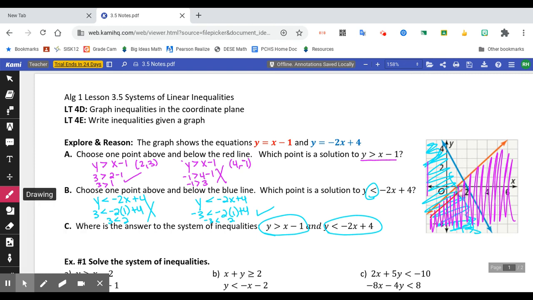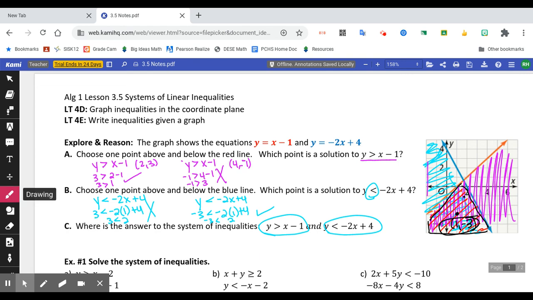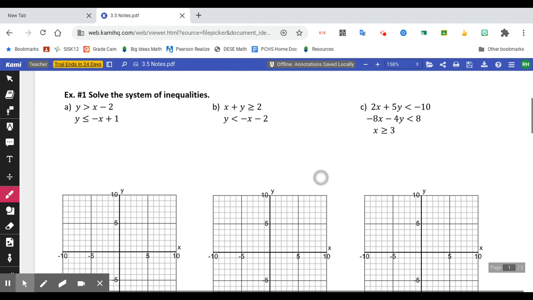So where they both overlap is right here, right? So if that's where they overlap, then any point in that section would work. So I could pick like right here, which would be 1, -3. Or I could pick here, which would be 2, -1. Anything in this section down here is going to be an answer because it's shaded for both of those lines. So if it falls in the shaded section for both of them where they overlap, it's an answer.